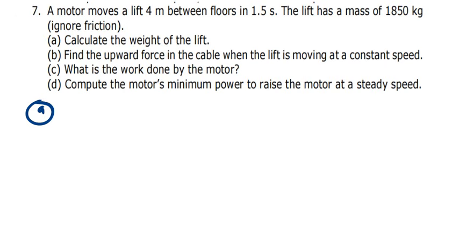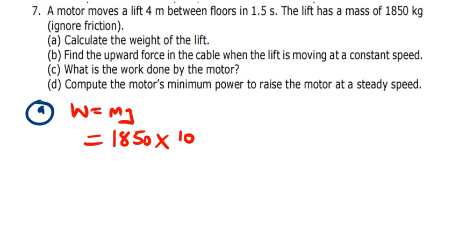Now you know that the weight is equal to mg, mass times acceleration due to gravity. What is the mass? We've been given a mass of 1850 kg multiplied by the acceleration due to gravity, let's say 10.